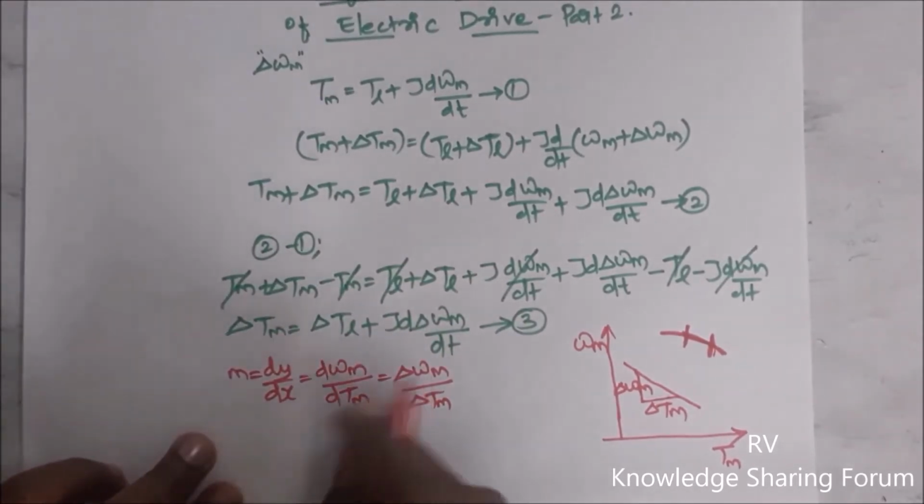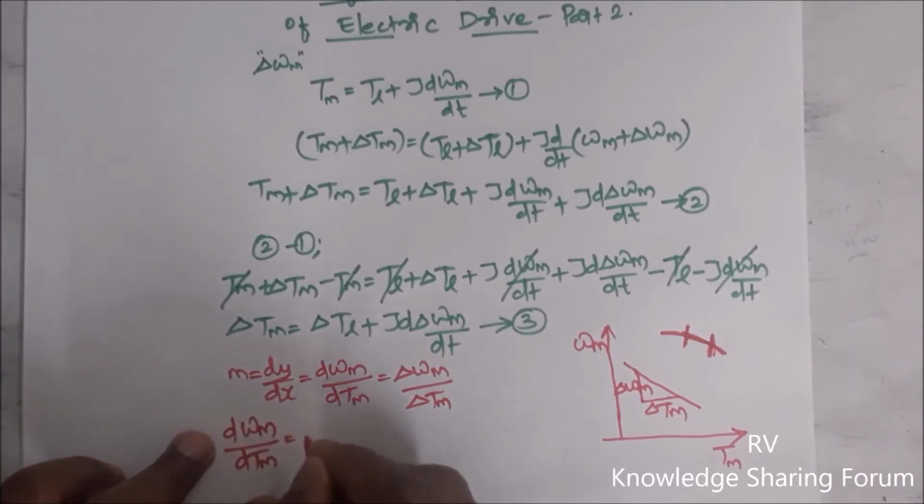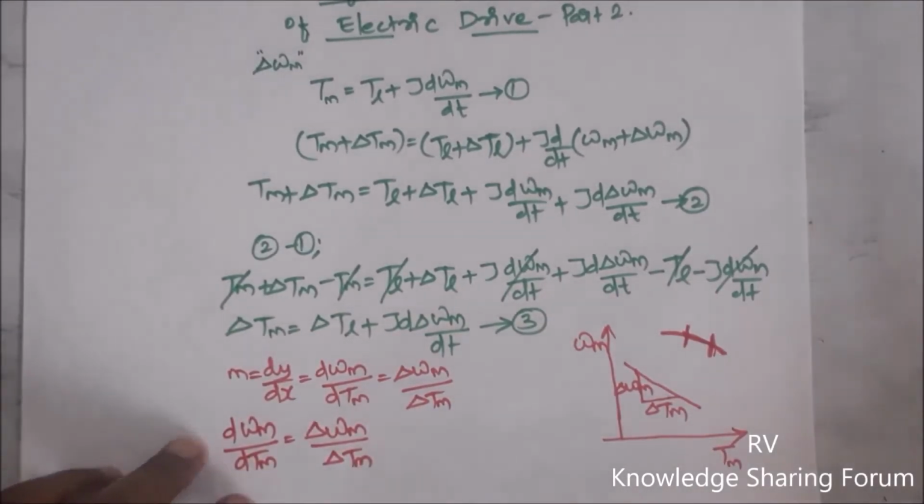Let me rewrite this equation once again. d omega m by dTm is equal to delta omega m by delta Tm.